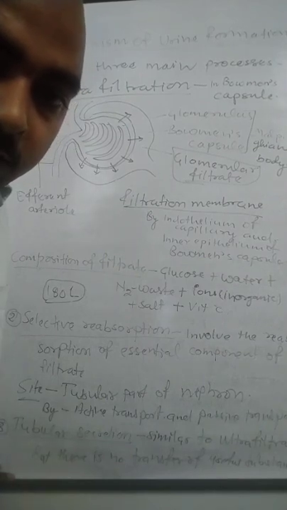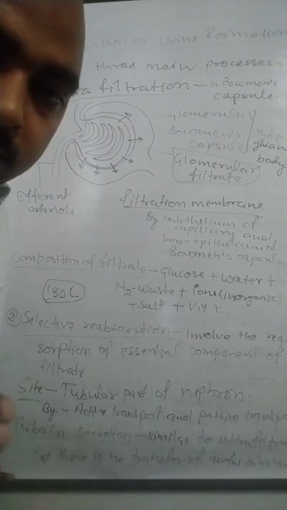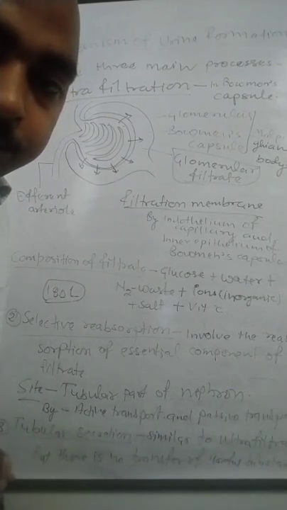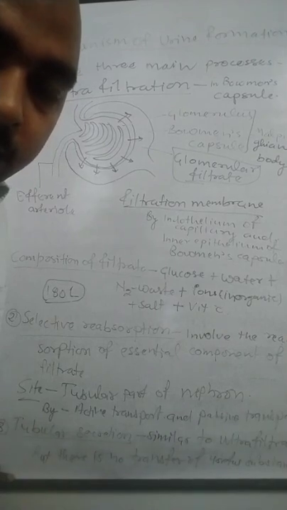Due to the involvement of the cells of the tubules, this process is known as tubular secretion, for removal of some nitrogenous waste and some ions.